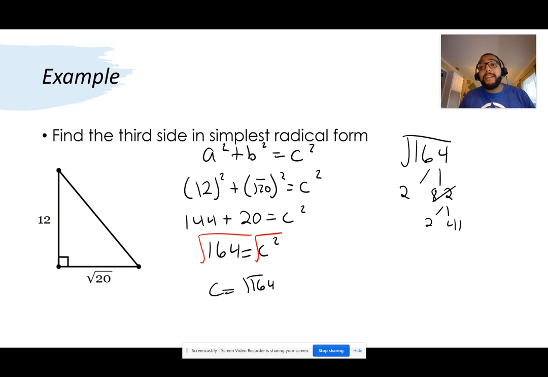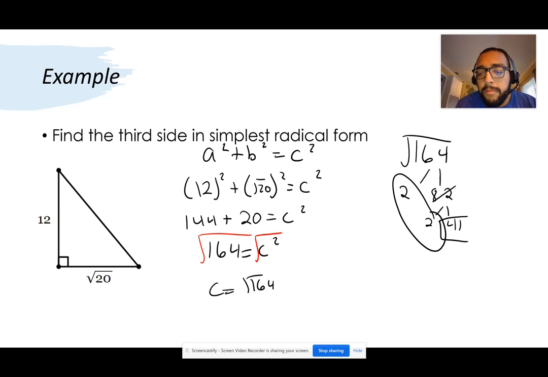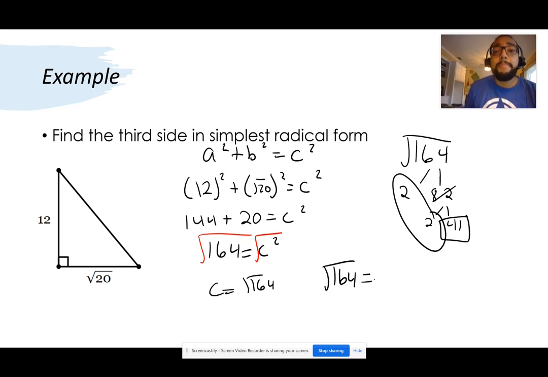But that's fine because we're looking for pairs. So a pair here we have is that pair of 2, and box up everything remaining. Notice I didn't box up the 82 because I reduced the 82 as 2 times 41. So when I'm rewriting the square root of 164, I won't do the highlights this time.